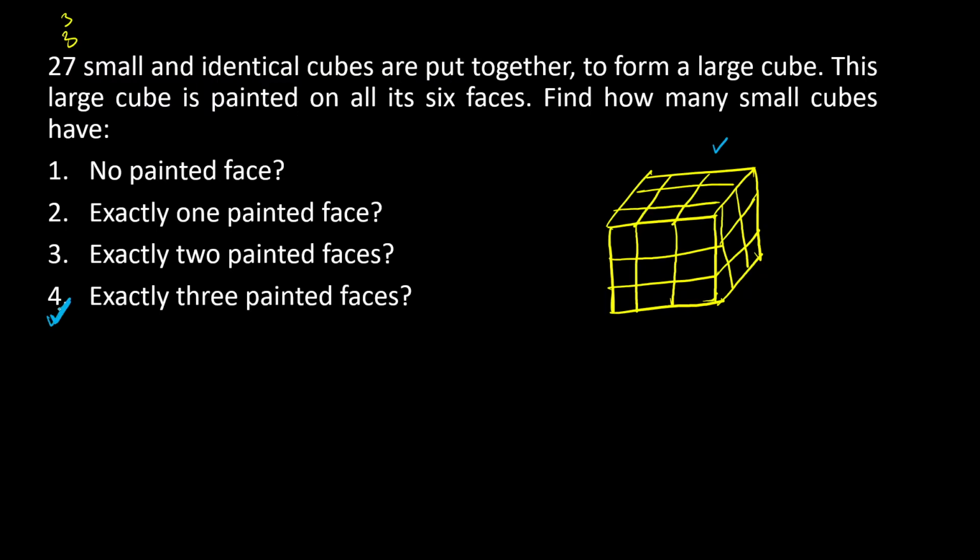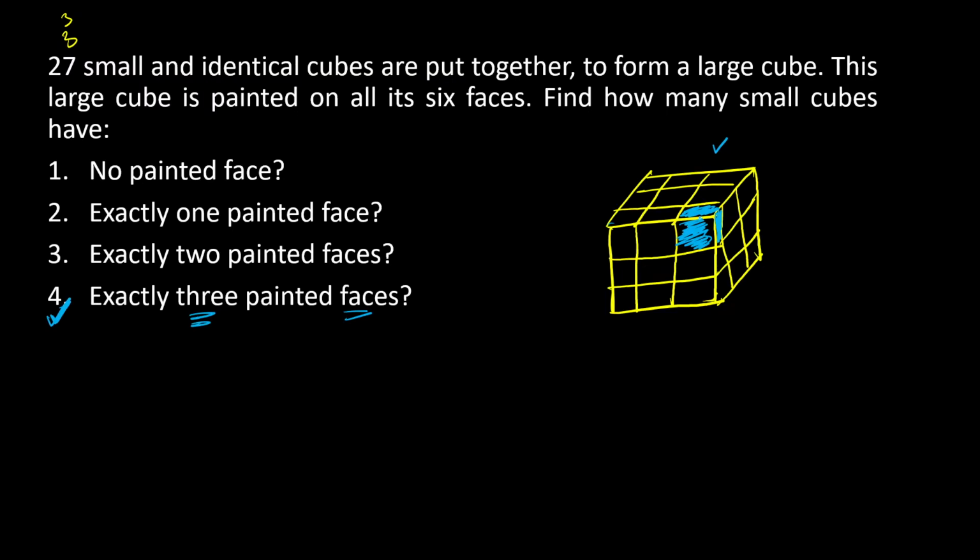Exactly 3 painted faces. So here we need to understand that 3 faces of a cube can be painted only when the cube is kept at the corner. You guys can clearly notice this. That's being one of the faces, this being the second face of the same cube, and this being third face of the same cube. 3 different faces of a same cube.